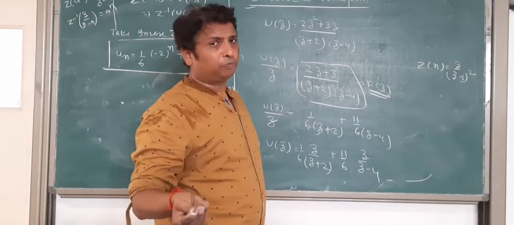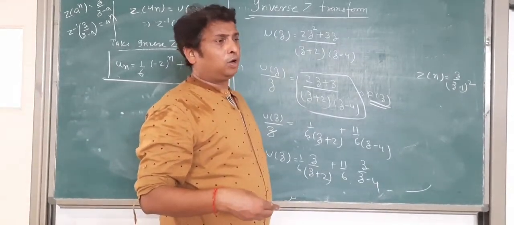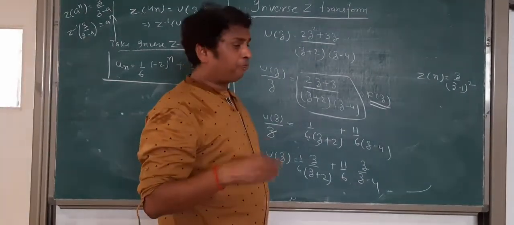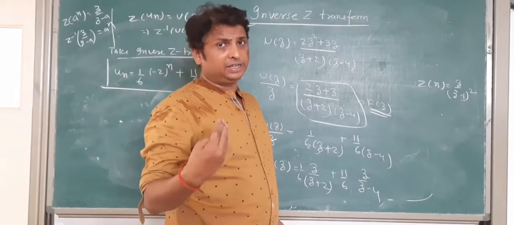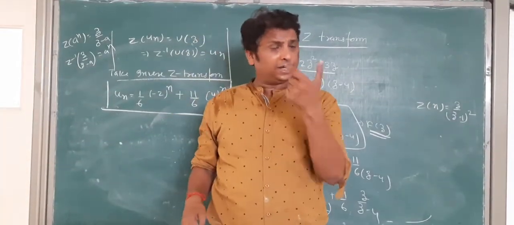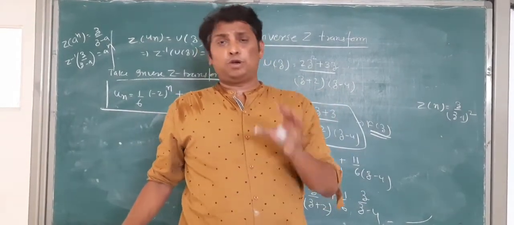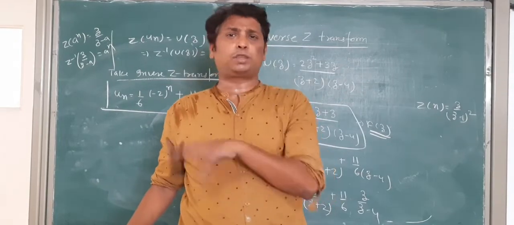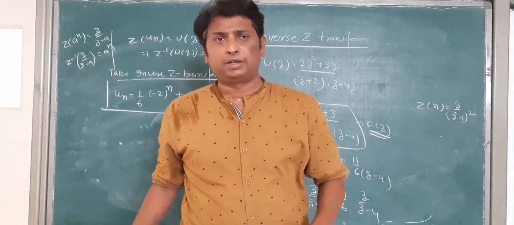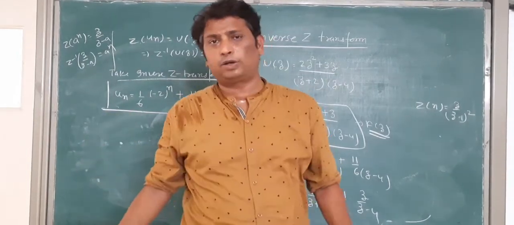In that way you have to decide sometimes, but it's so much easy to calculate using this method. For partial fraction, this is the easiest way. Whatever is given, divide by z so you get F(z). Once you have F(z), do its partial fraction and then take the inverse of each and every part. If you know the Z transform of some function, then easily you can do it.